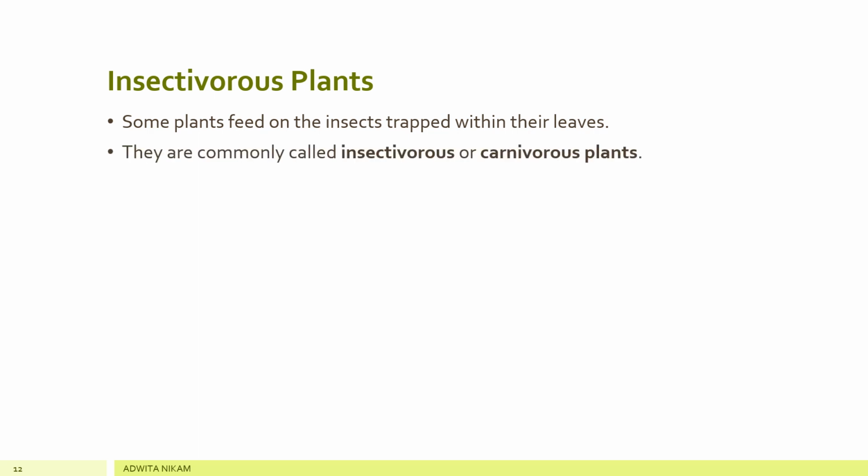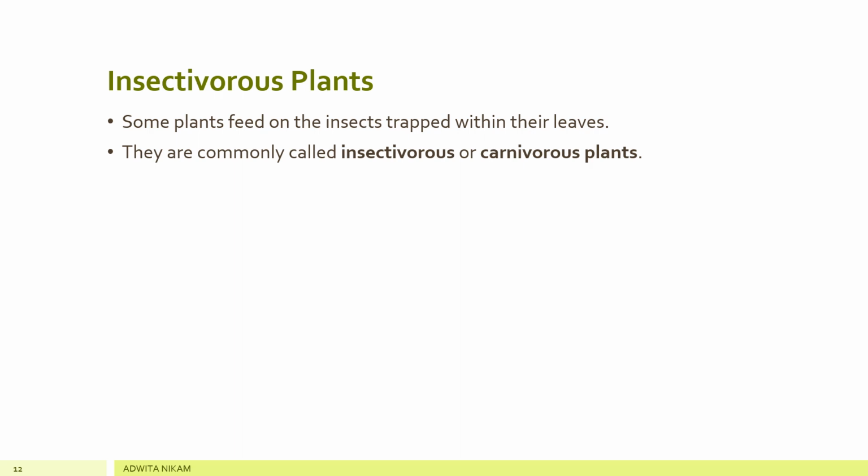Now we will study about the last type, which is insectivorous plants. Some plants feed on insects trapped within the leaves. They are commonly known as insectivorous or carnivorous plants. Actually, these insectivorous plants eat insects trapped within the leaves, as the soil where they grow does not have nutrients, especially nitrogen.